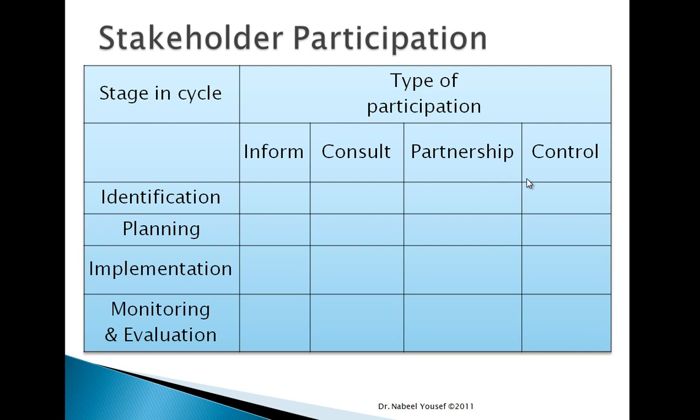If you look at the different stages of the cycle, the identification, the planning, the implementation, monitoring, and evaluation, you can look at the different roles of the stakeholders, and you know that those people you have to inform, those people you have to consult with, those people you have to partner with, and those people you have to control and make sure that they are doing their work.